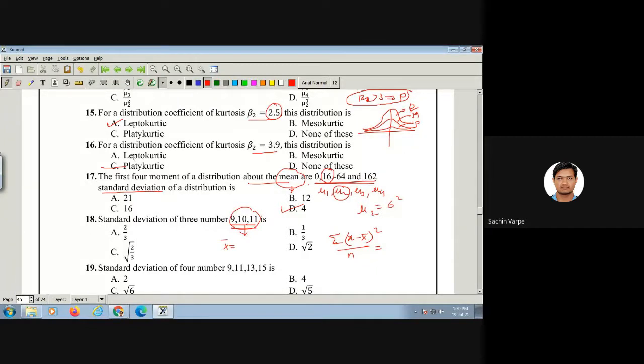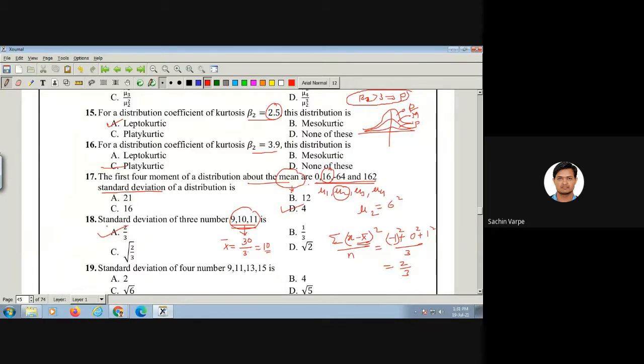X bar is the sum, that is 30 upon 3, that is 10. X bar is 10. So we have to subtract this x bar from each of these. So 9 minus 10 is minus 1, square, because it's square, plus 10 minus 10 is 0 square, plus 11 minus 10, 1 square. So that upon 3. So that is 2 by 3. Is that the option?